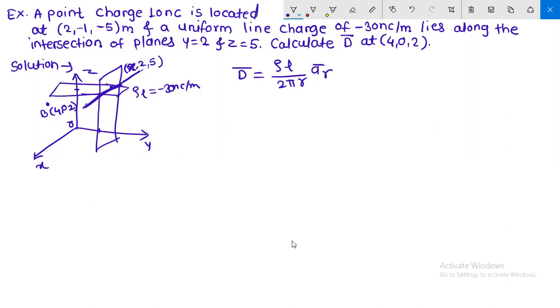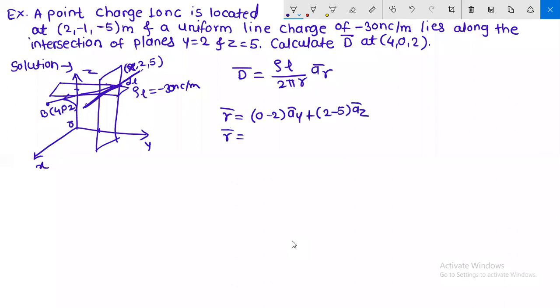So while finding r bar, just connect these two points. Consider this point as DL. Now the end point is B and the start point is DL. So the x coordinate will be 0, only y and z. So it is 0 minus 2 into a bar y, plus 2 minus 5 into a bar z.